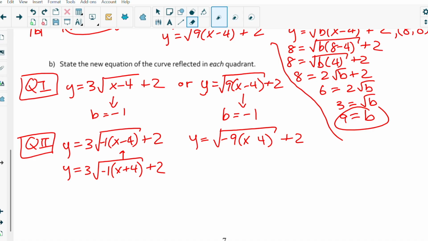I need to go left by 8 units. So it's -8. So that's going to be a plus 4.